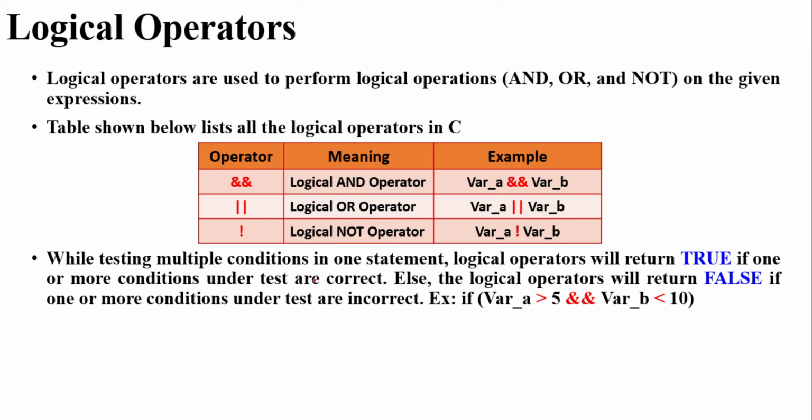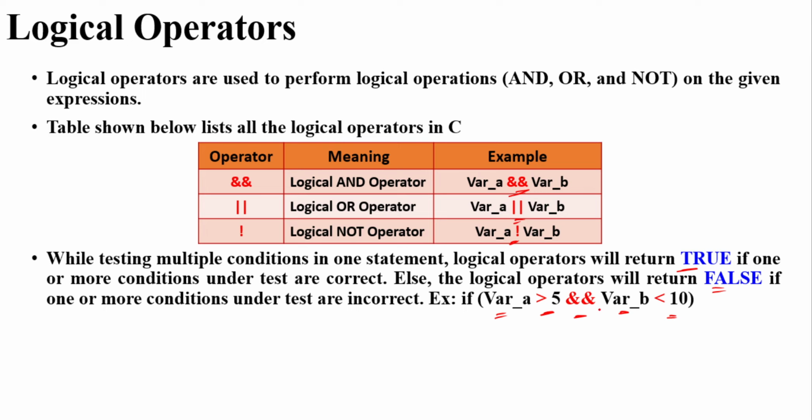While testing multiple conditions in one statement, the logical operators mentioned above will return true if the conditions are correct, else they will return false. For example, here where a is greater than 5 and b is less than 10, this statement will be true only if both the conditions are true.